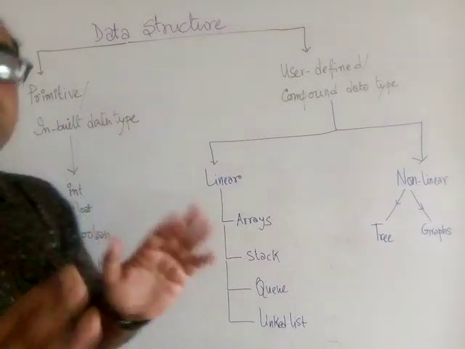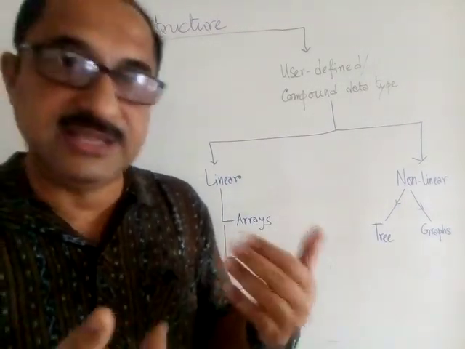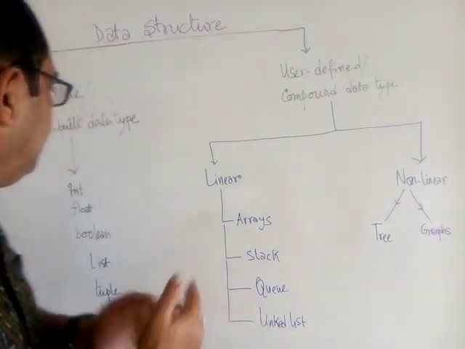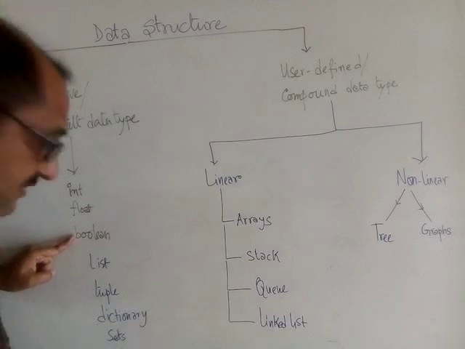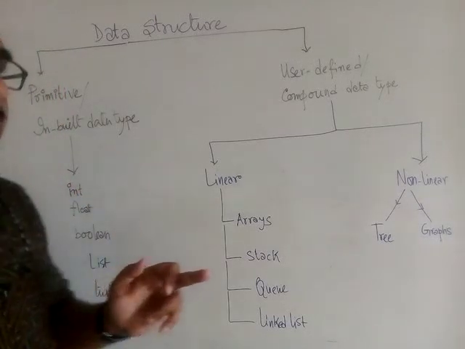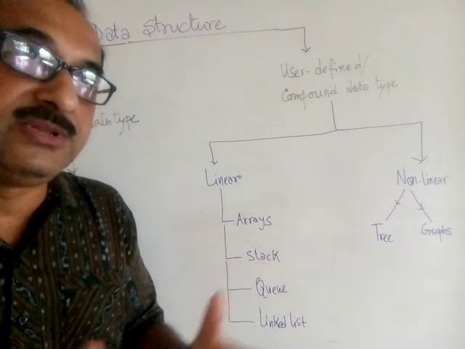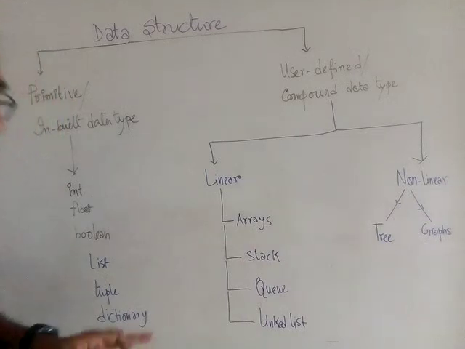Primitive means which is provided to you with the Java interpreter and which you have already used in class 11 and part of class 12, like integer type, float type, boolean type, you are very comfortable with. In fact, you have clubbed this data together to make a list, to make a tuple, to make a dictionary, and one more type is there which is not in your syllabus, that is set.